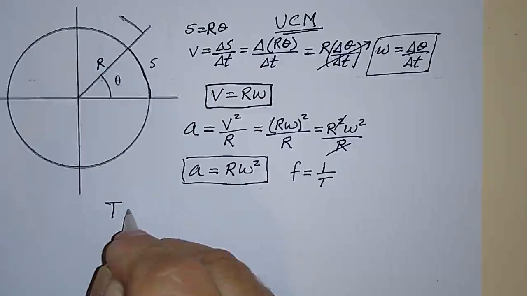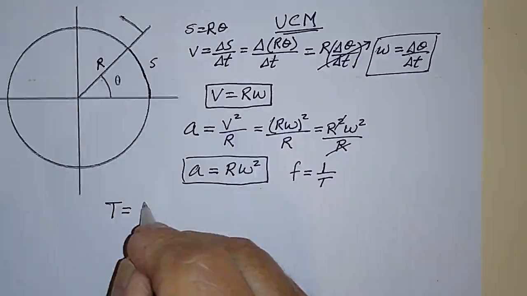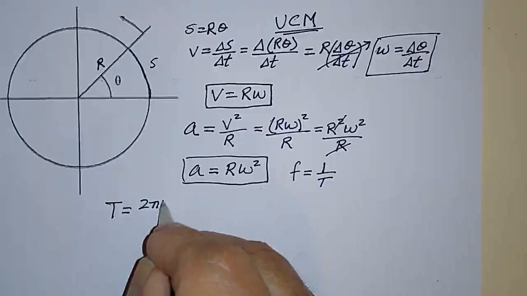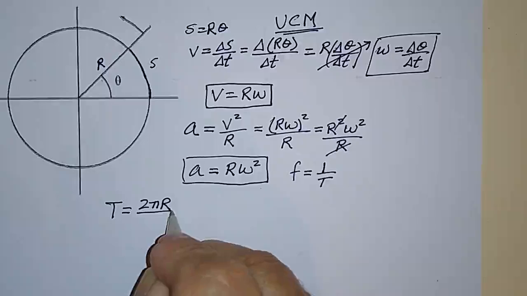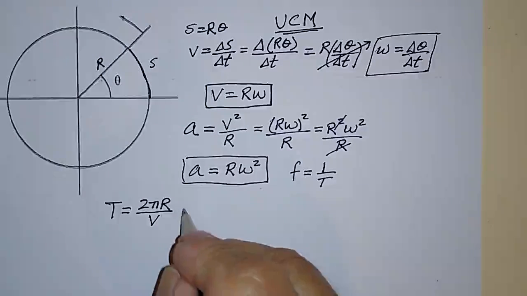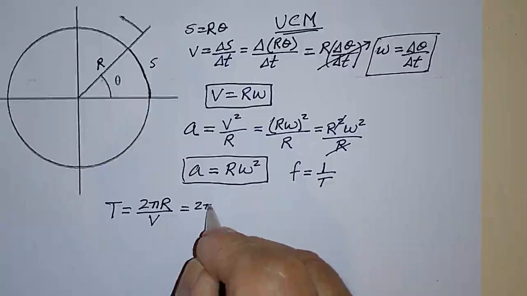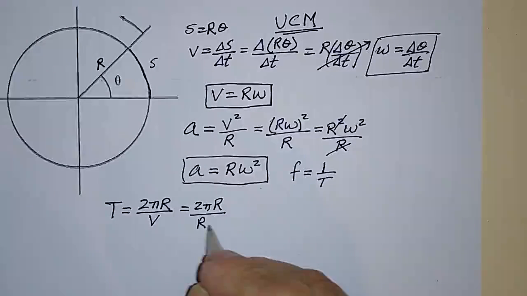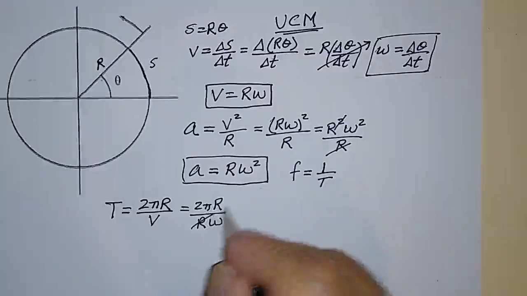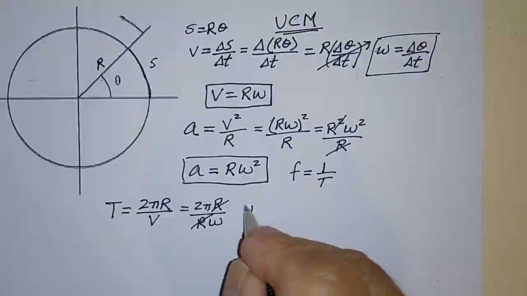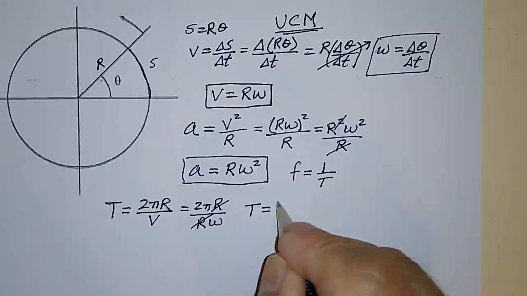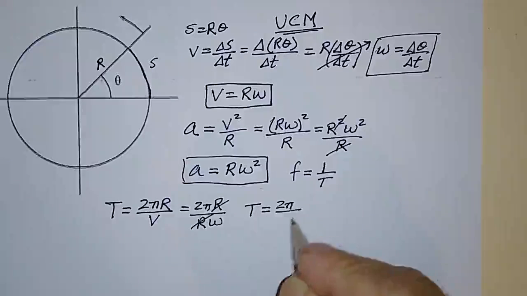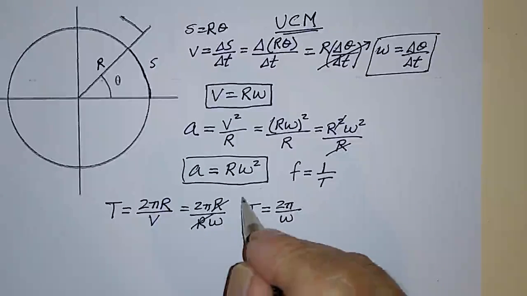T can be written as the distance, 2 pi r, distance around the circle, divided by v. So that's equal to 2 pi r divided by v, which is r omega, and the r's cancel out. So T, the period, is equal to 2 pi over omega.